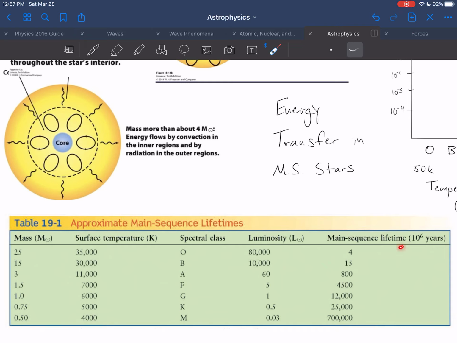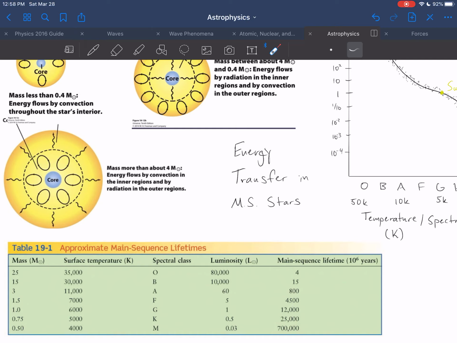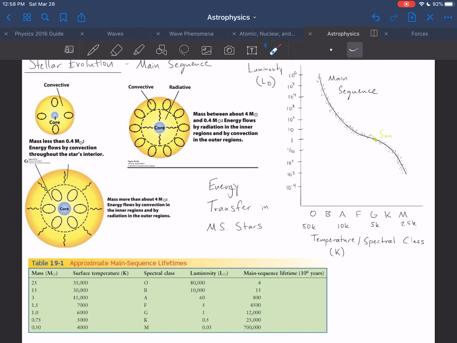Notice this unit is in 10 to the 6th years, so a 25 solar mass star is only on the main sequence for about 4 million years. This is in contrast to a 1 solar mass star, where the main sequence lifetime will be closer to 12 billion years, or a factor of 12,000 times. This is because they're much bigger, much brighter, much hotter, and therefore much more luminous, and as a result, they burn through their nuclear fuel way faster.